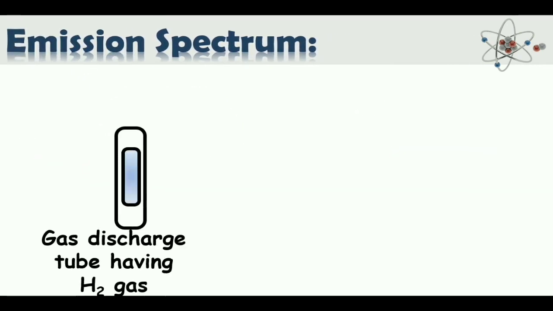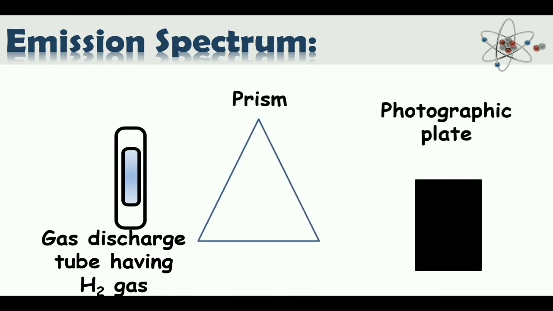Emission spectrum. For that also take a gas discharge tube, prism, and photographic plate, but here a black, dark colored photographic plate.